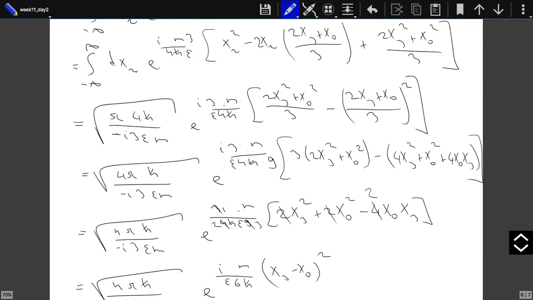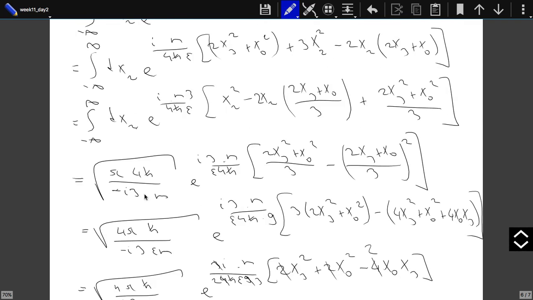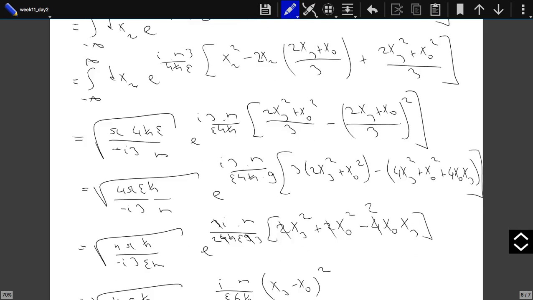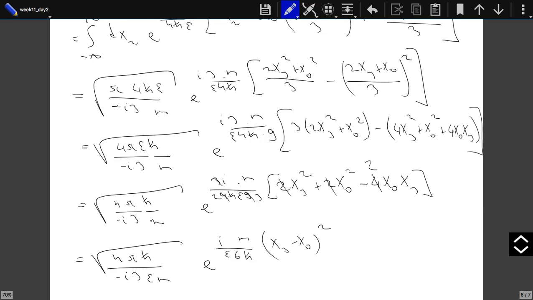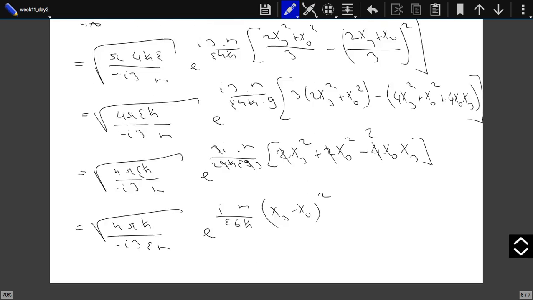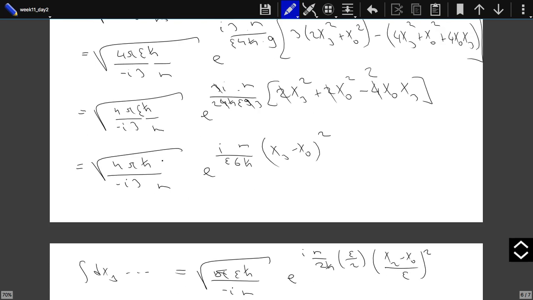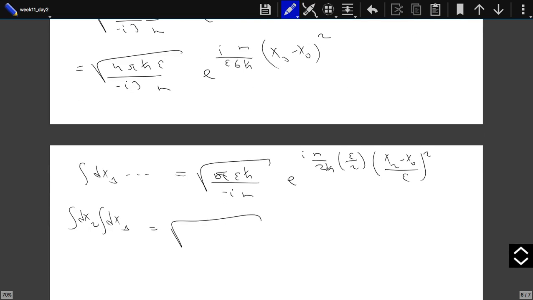So when we take the Gaussian integral, epsilon goes to the numerator. So now our result is pi epsilon h bar over minus i times m times 4/3.